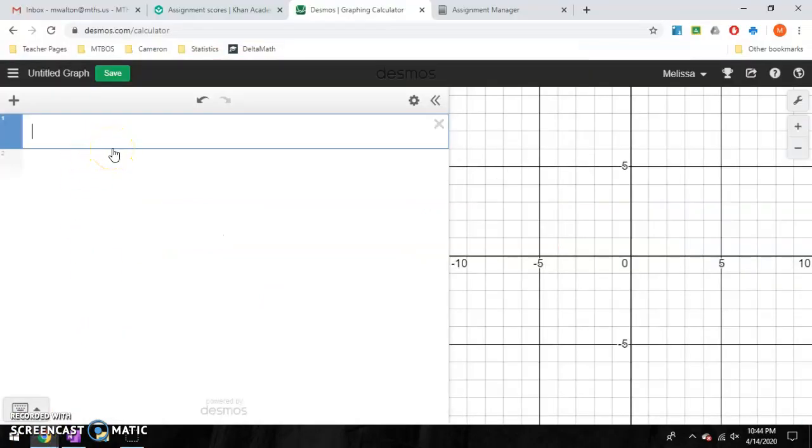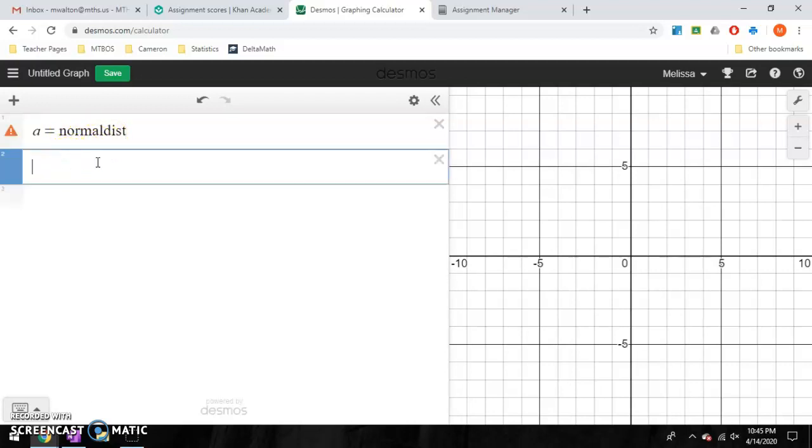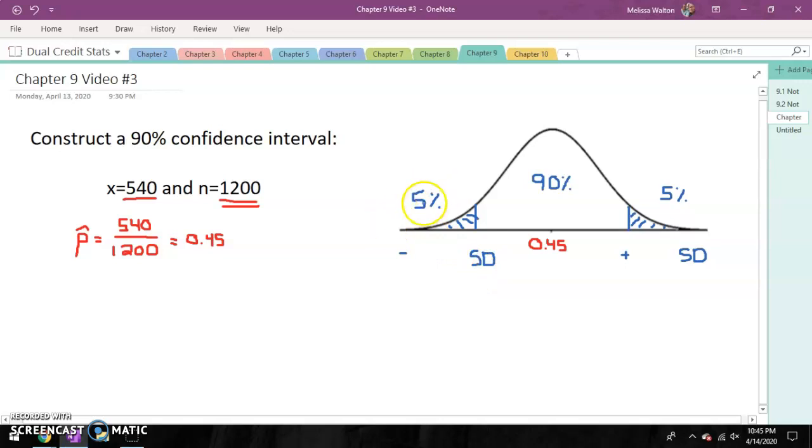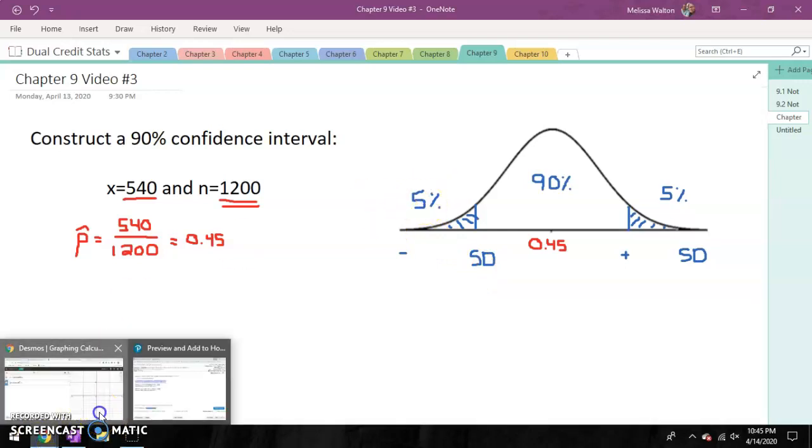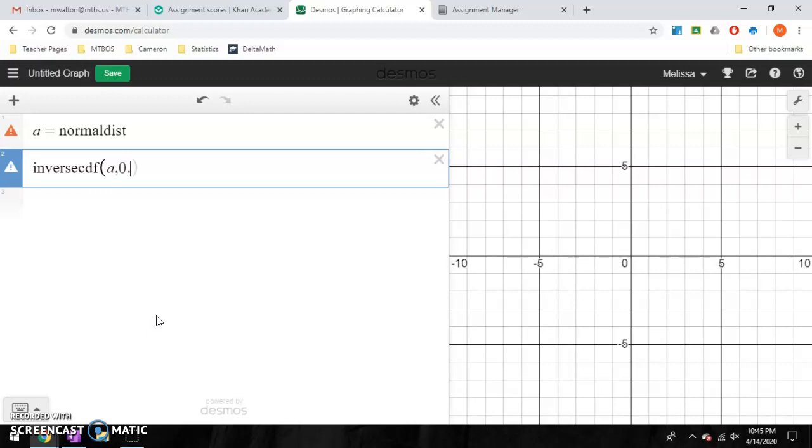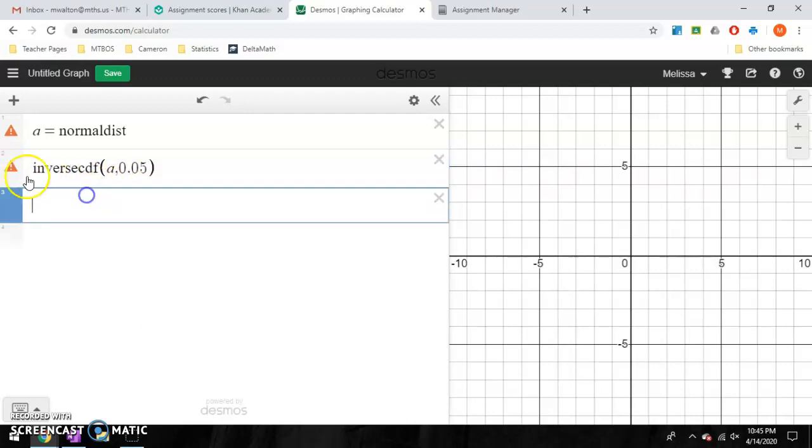Here we go. First up, you do have to define that we're talking about a normal distribution. I know it seems silly, let A equal the normal distribution, but there is another type of distribution we're going to talk about. We've already talked about binomial. So we're looking for inverse CDF of the normal distribution, distribution A, and the percentage that I want was 5%.